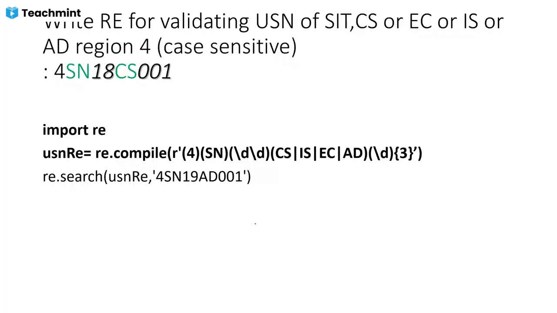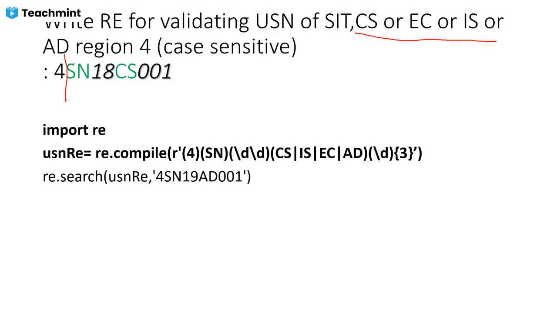Now, to validate the USN, I'm going to consider only these branches: CS, EC, IS or AD. Case sensitive, not case insensitive. Now I'll redesign the same thing with the help of groups. Here, when you split this USN, you can see different groups.